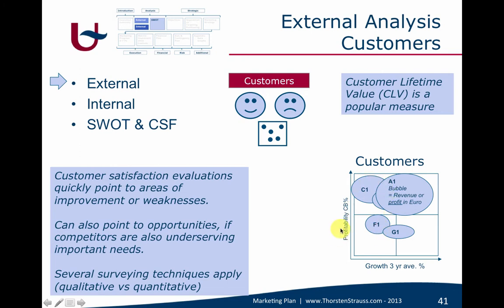You can show the profitability of the customer segments in contribution margin percentage, or other types of measures, and then the total revenue or profit of this segment could be the bubble size. Again, a 3D type of graph.